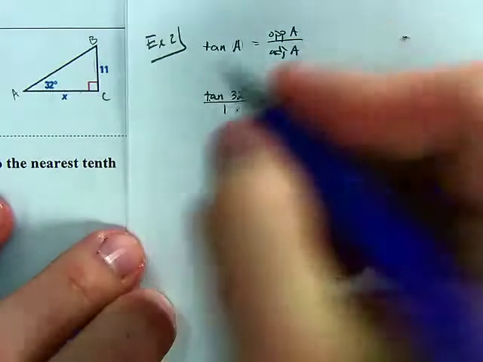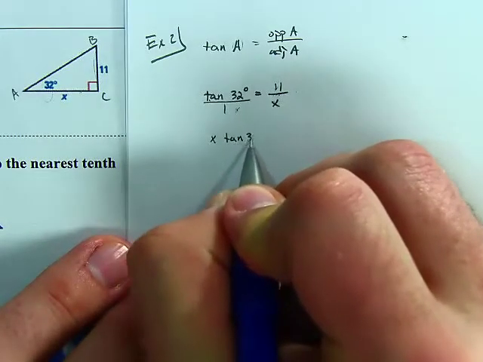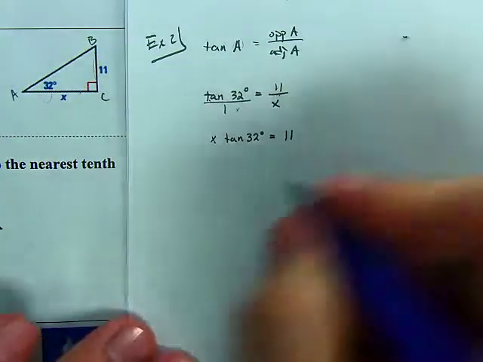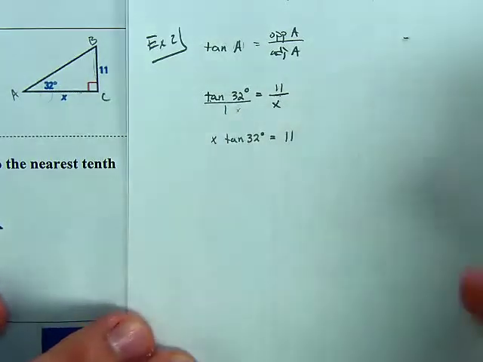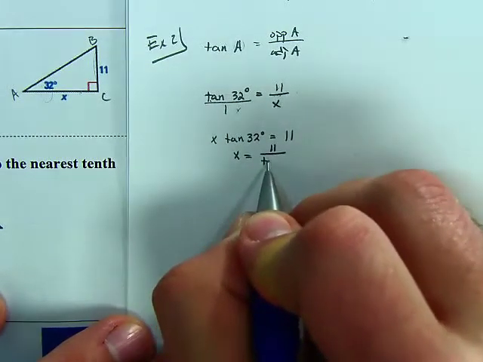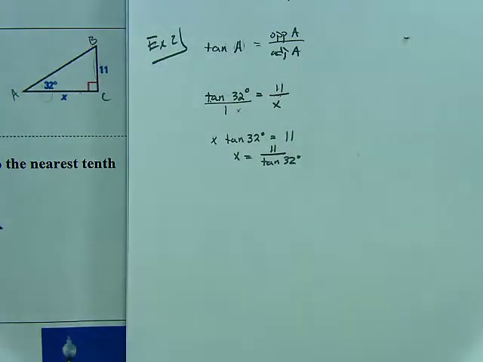So I get x times the tangent of 32 equals 1 times 11, which is 11. Move the tangent over because I want x by itself, so I get x equals 11 over the tangent of 32 degrees. So now I can go ahead and put this in my calculator.